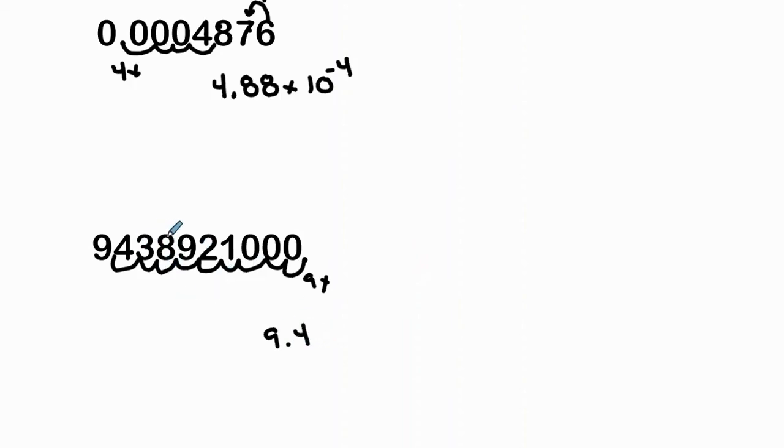Let's look at this 3. The number behind it is 5 or greater, so this rounds up, so 9.44 times 10 to the 9th. I moved it to the left, which means this is a positive exponent. So my final answer here would be 9.44 times 10 to the 9th.